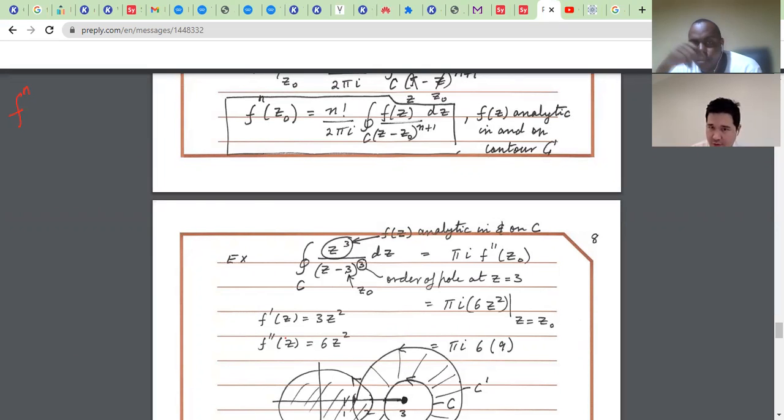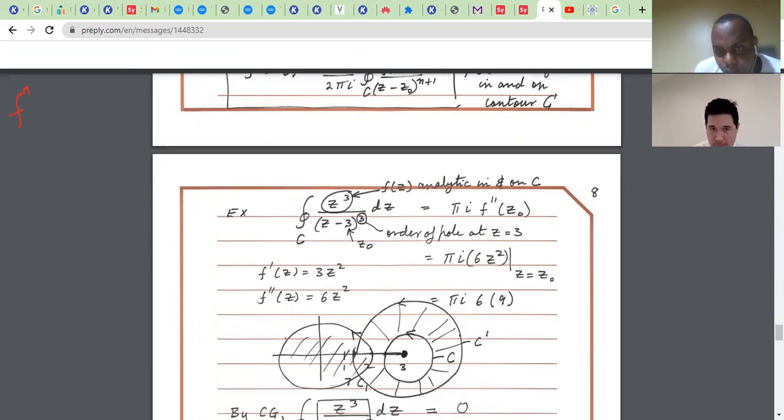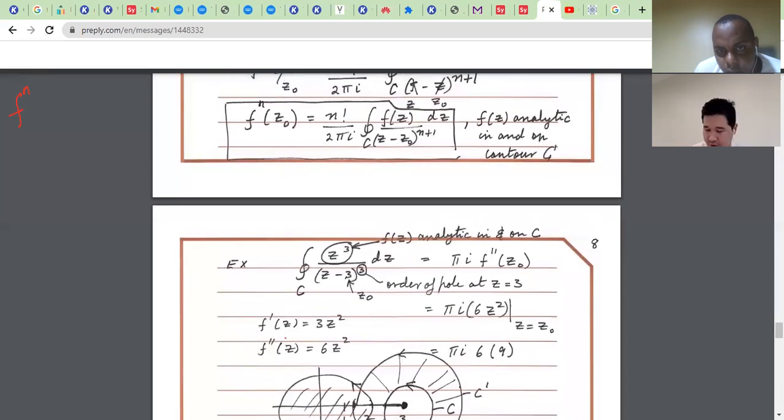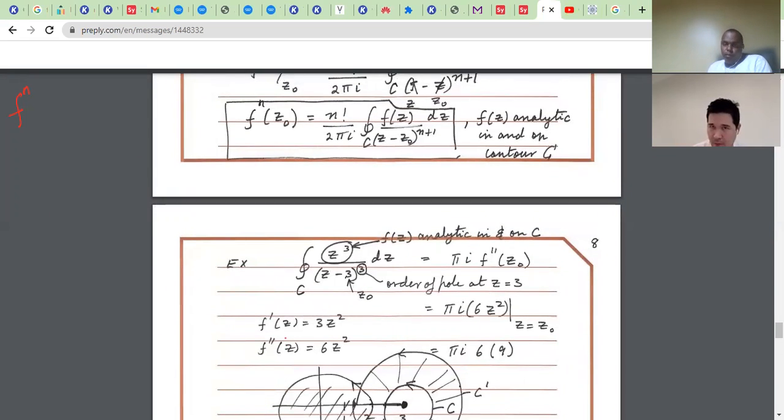But we didn't use derivatives in our Cauchy integral formula. No, we didn't. We need to combine the Cauchy integral formula and this formula for how we can find derivatives into one.